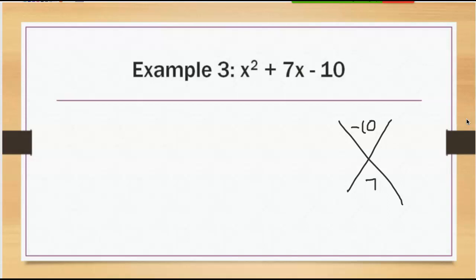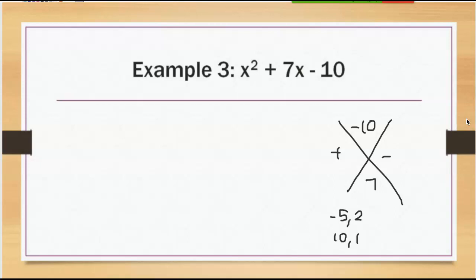So again, I have a negative and a positive that sum to 7 and multiply to negative 10. So is there a factor of negative 10 that will sum to a positive 7? So factors of 10 are 5 and 2, and 10 and 1.